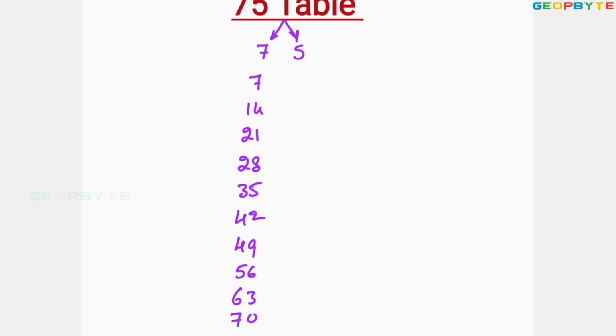That is the 7 table. Similarly 5 table. 5 into 1, 5, but write in terms of 2 digits, 0, 5. 5 into 2, 10, 15, 20, 25, 30, 35, 40, 45, 50.